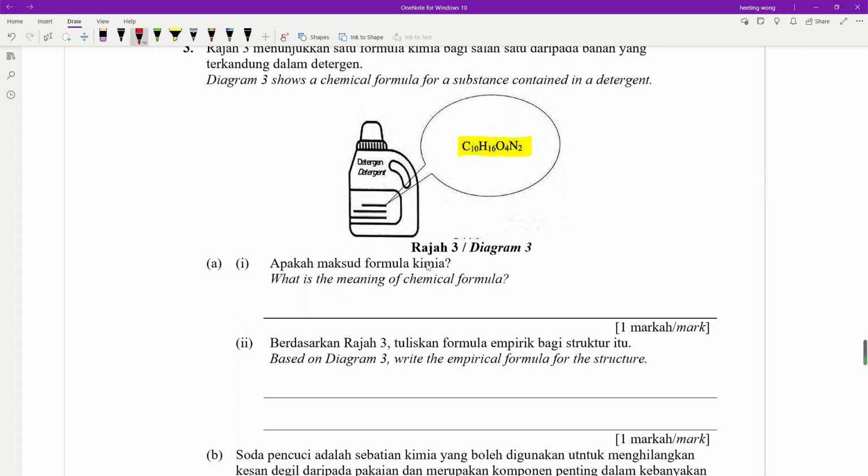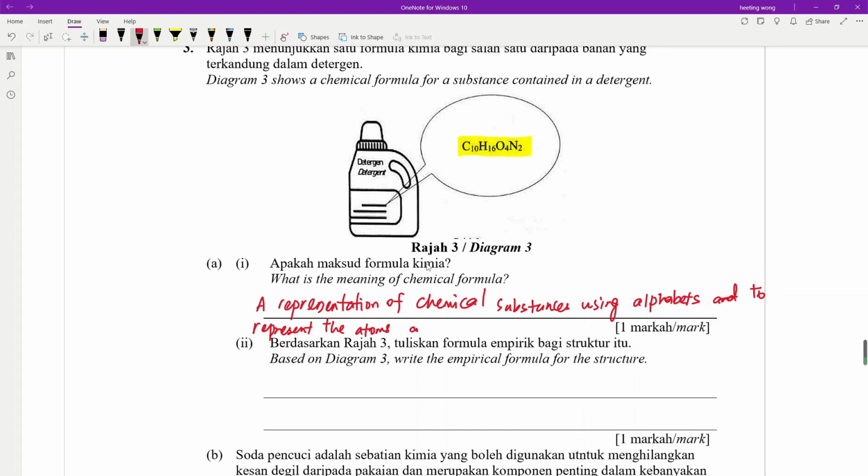It is a representation of chemical substance. Using what? Using alphabet, to represent the atoms.